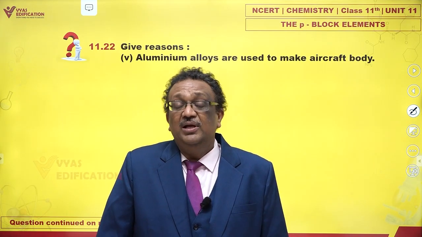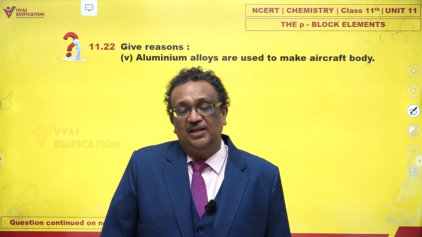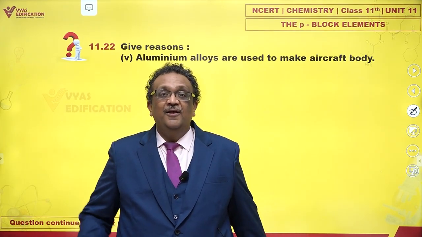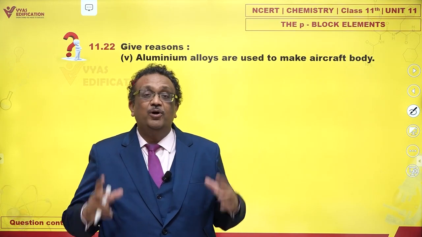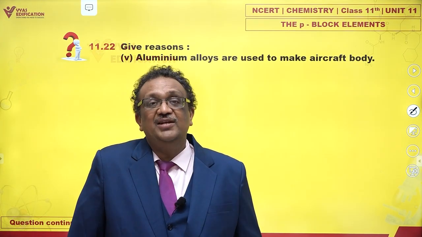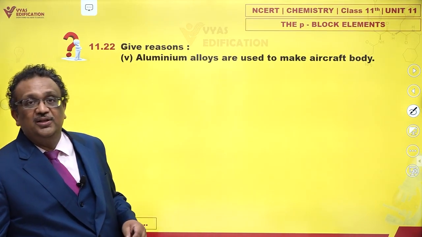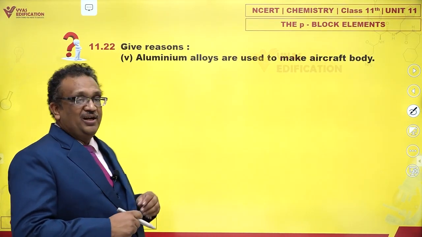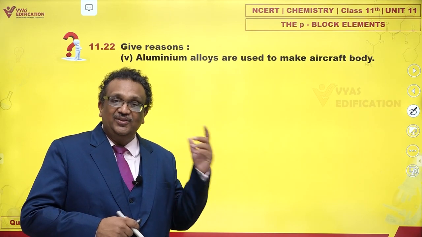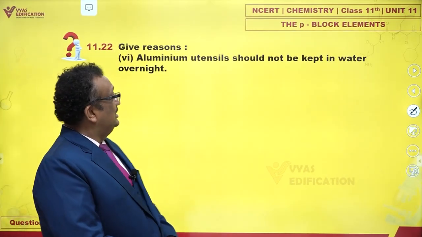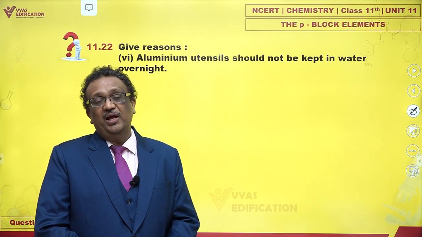At the same time, its density is significantly less than iron, and that is why, if you have to fly a plane, a very important component is weight: the lesser the weight, the easier it is to fly. Aluminium makes sure that the weight of the aircraft's body is much lesser, and that is why it is a very preferred material.